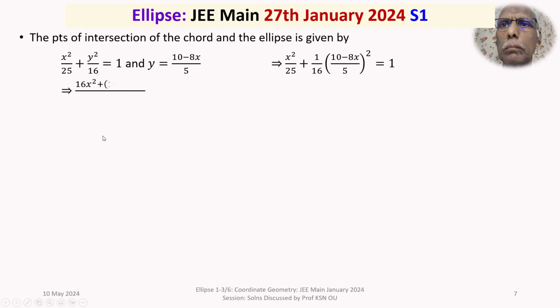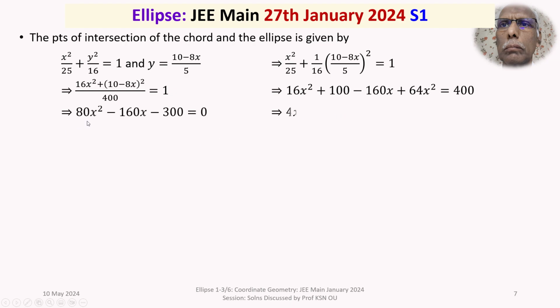Simplification will give you this one, and further simplification will give you 80x square minus 160x minus 300. So 20 is common throughout. Cancel that one.